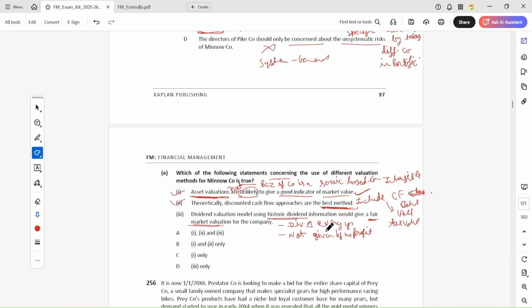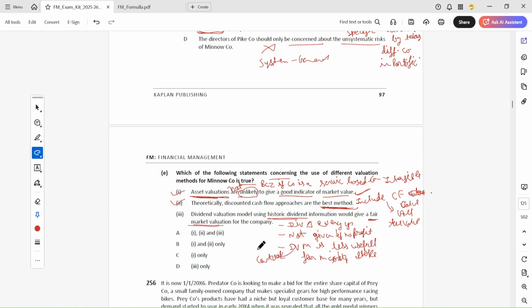Also, the dividend valuation method is less useful for majority stakeholders.